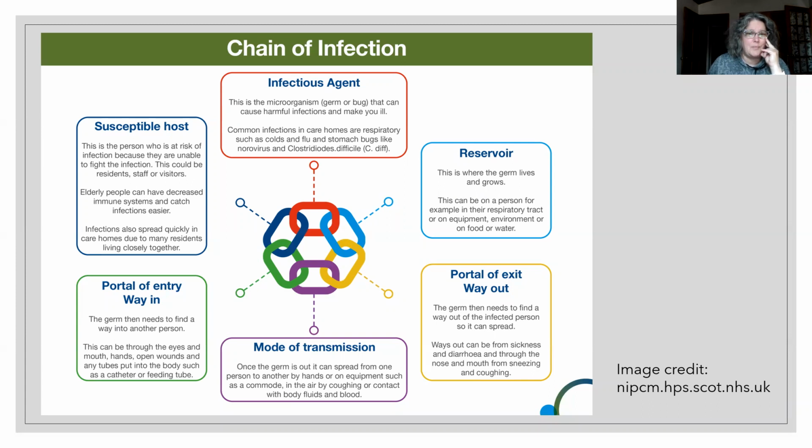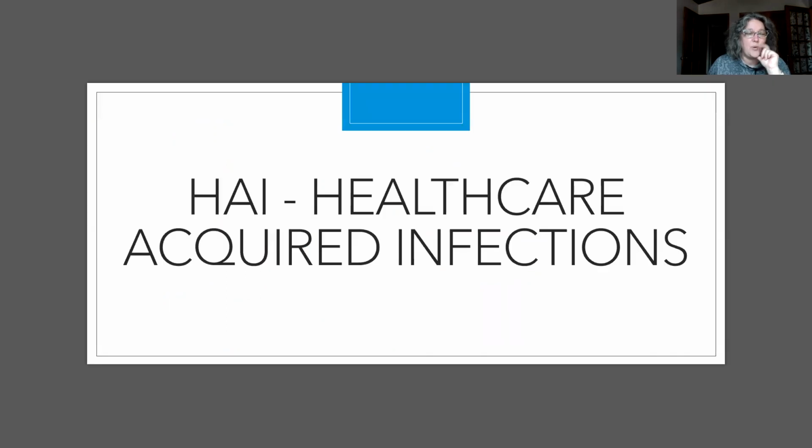So let's talk specifically, rather than all sorts of little individual infections, because we talk about different infections throughout different weeks this semester anyway, about healthcare acquired infections. So the mode of how people get sick rather than what people are getting sick with.